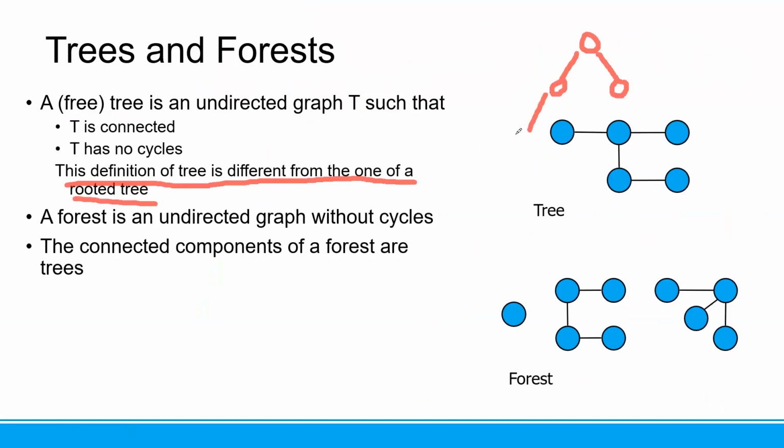We have the external node. Okay? We call this a rooted tree because the tree has a root. And then the tree has the internal node and the tree has external node. We call this a rooted tree. But the tree in the graph is different. Okay.